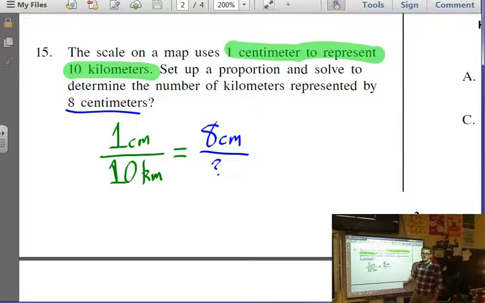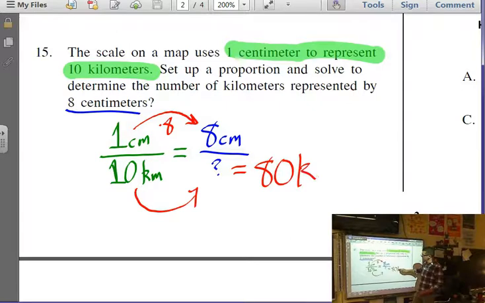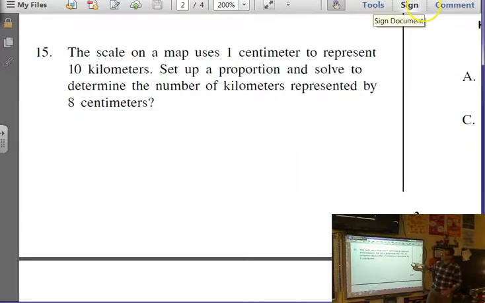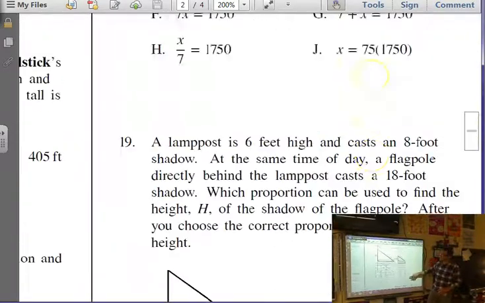I don't know this value, but I can ask myself, how do I go from my original scale to the amount that I've measured? Well, that's times 8, and do the same in the denominator, and I get that this would be 80 kilometers. I was still kind of nice with labels on this test, but realize that very soon, if it doesn't have a label, it's going to get marked wrong.